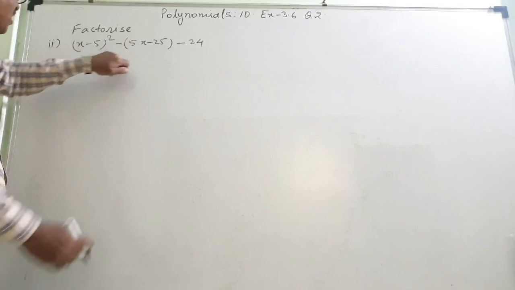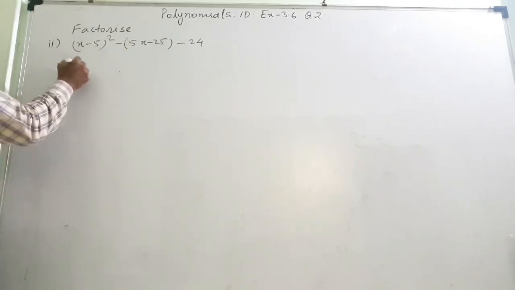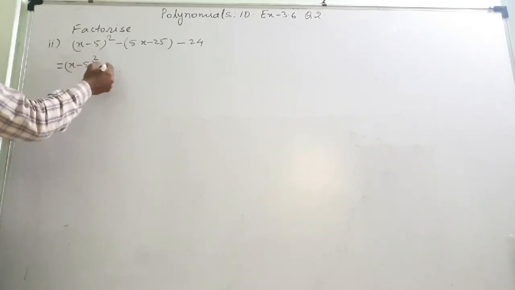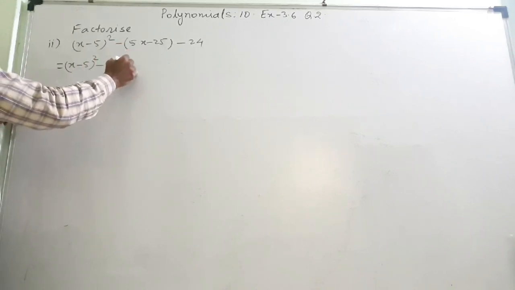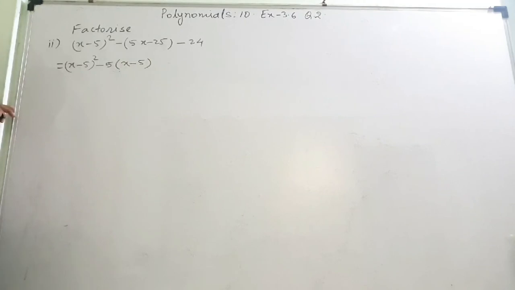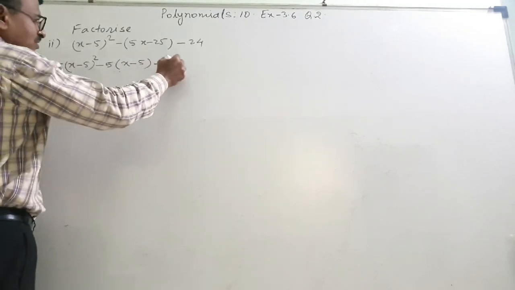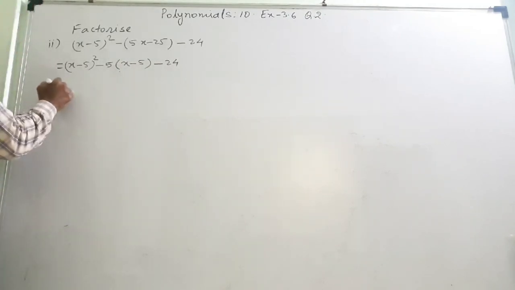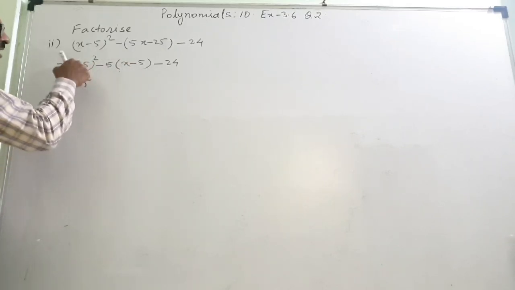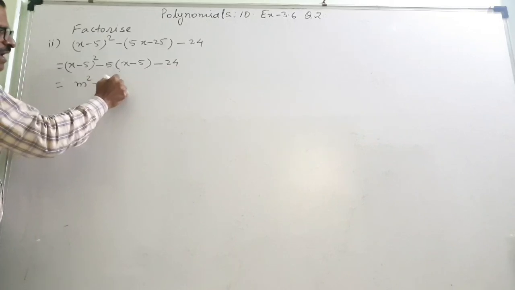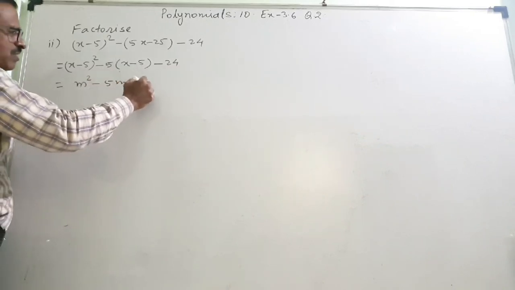Here it is 5. So this is equal to (x minus 5) square minus 5 I will take out, 5 into (x minus 5), 5 fives are 25, minus 24. This is x minus 5, this is also x minus 5. So m square minus 5m minus 24.